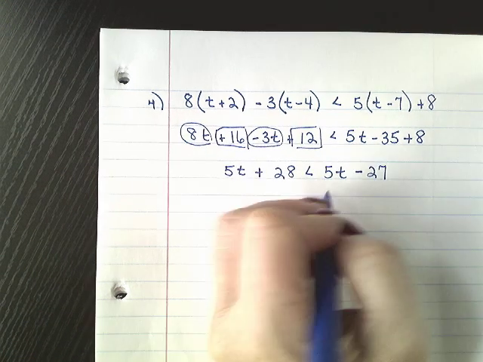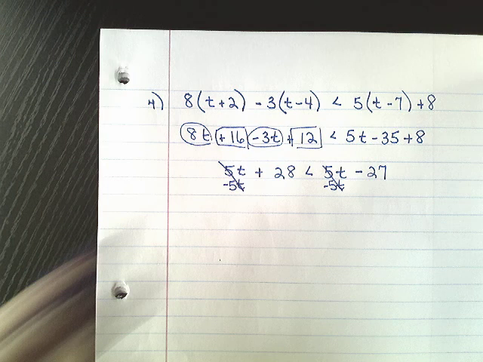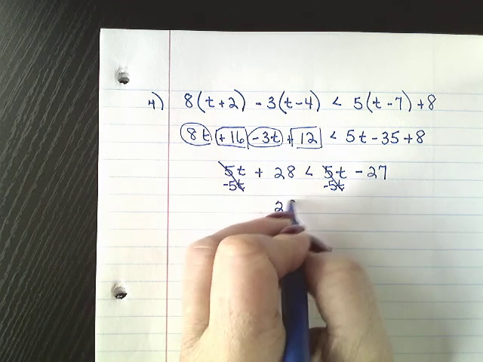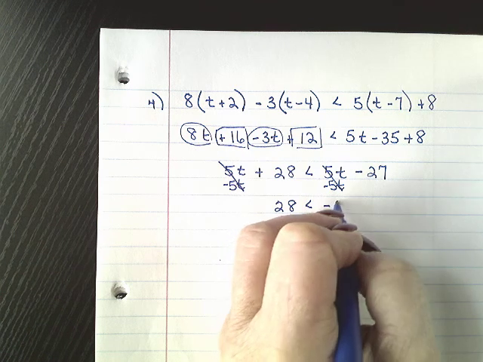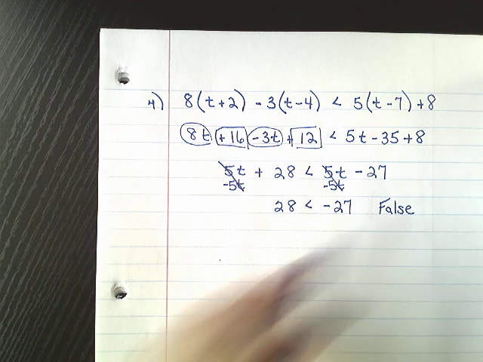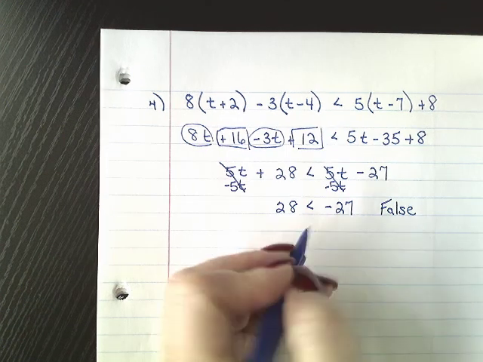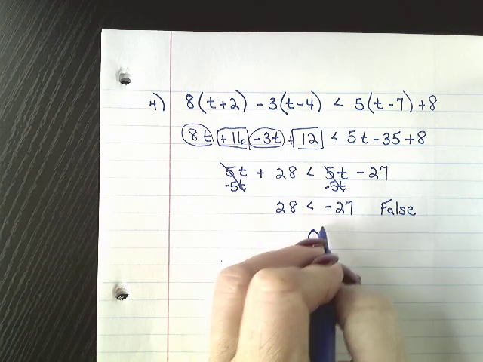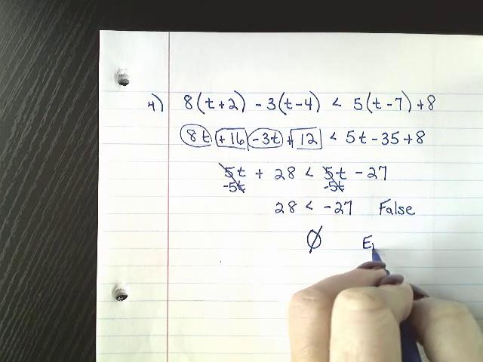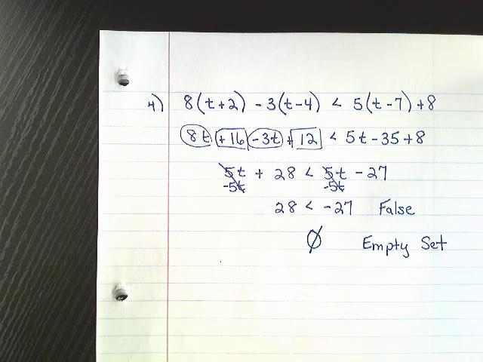When I go ahead to move my 5t, it's going to cancel those t's out on both sides, and I'm going to be left with 28 is less than negative 27. We know that this is a false statement. No matter what value I substitute in for t, I'm always going to get a false statement. So because this is a false statement, the solution is an empty set.